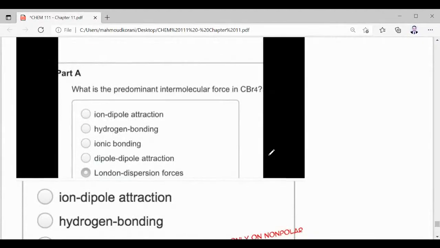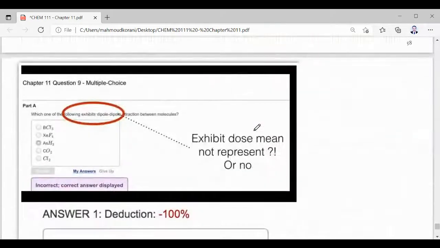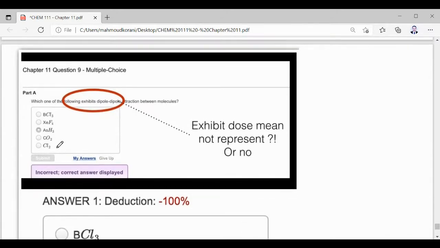What is the predominant intermolecular force in that one? This one is a non-polar compound, so it should be London force. Which one of the following exhibits dipole-dipole interaction? I doubt that one.